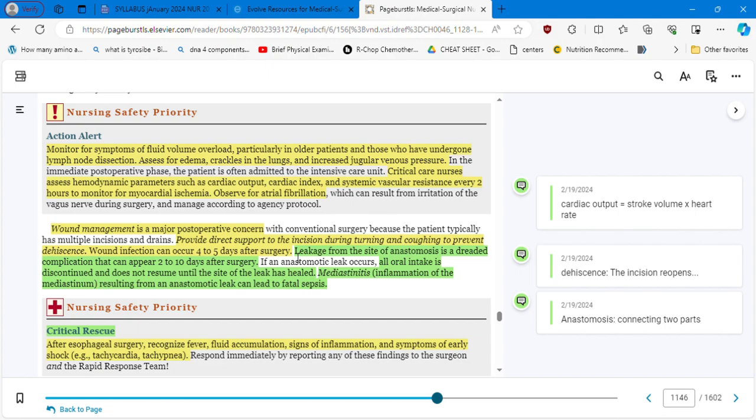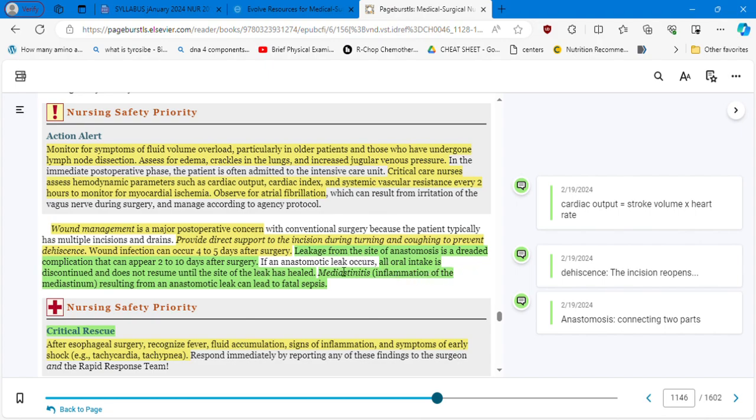Whenever you feel that everything is going well and the operation was a success, boom, you're having a wound infection. Leakage from the site of anastomosis, and we know anastomosis is the union of two different parts, right? It's a dreaded complication that can appear 2 to 10 days after surgery.